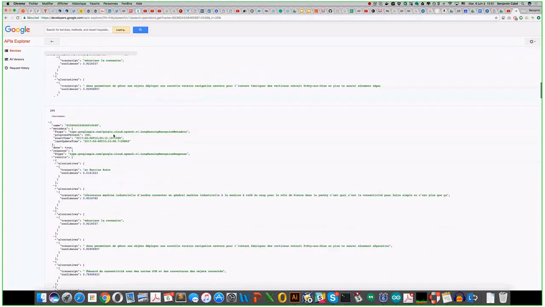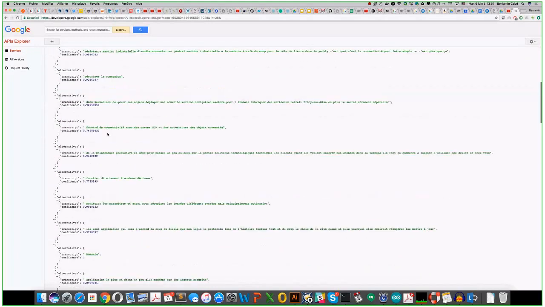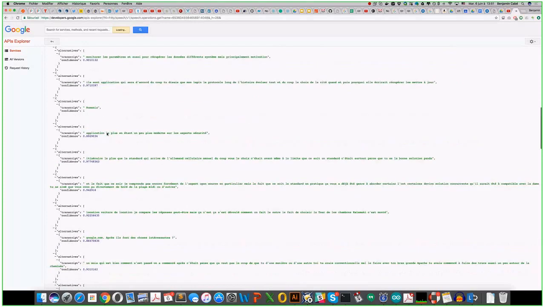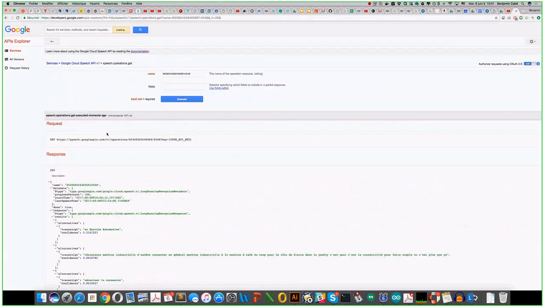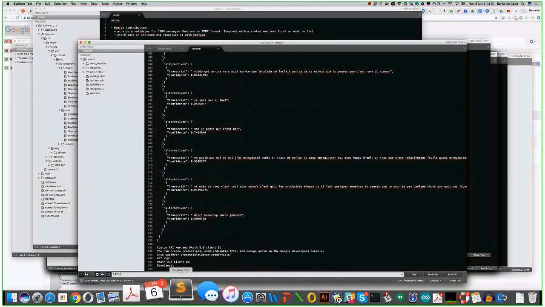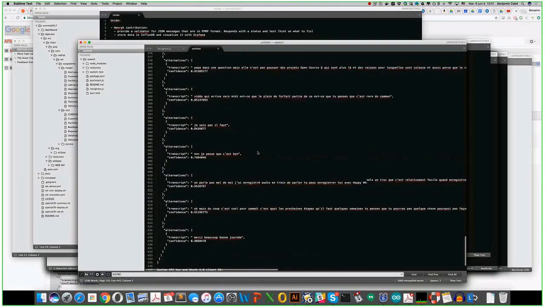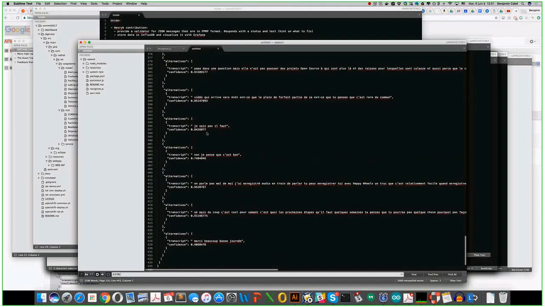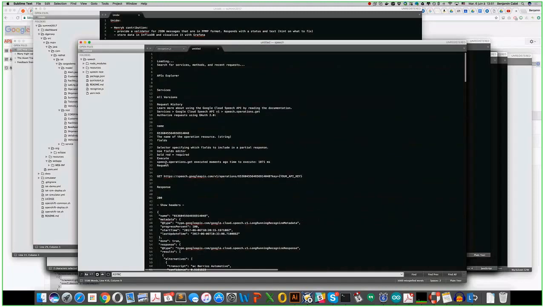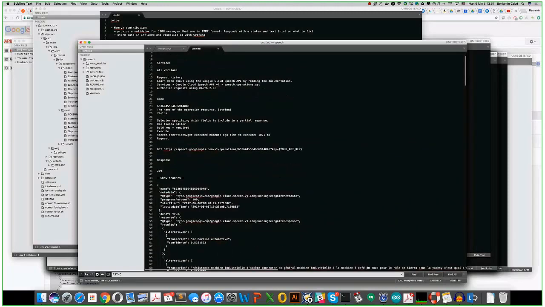So in an hour. Should we wait for another hour to run it? What do you think? Or should we take just a small break and then move on? Yeah, if that is possible, we can take just a 15 minute break and continue. Okay, let's do that, and we will be back. How about the others? Is it okay that we take a break? Yes, it's okay. Okay, thank you guys.